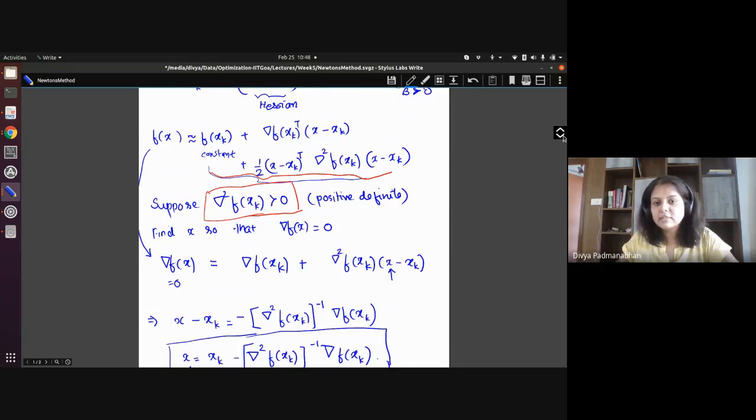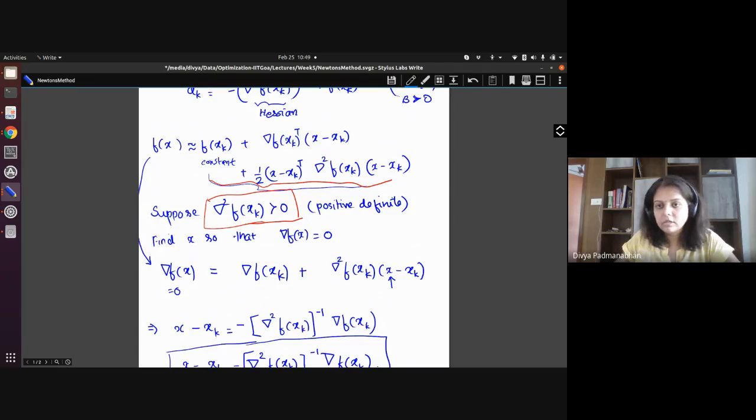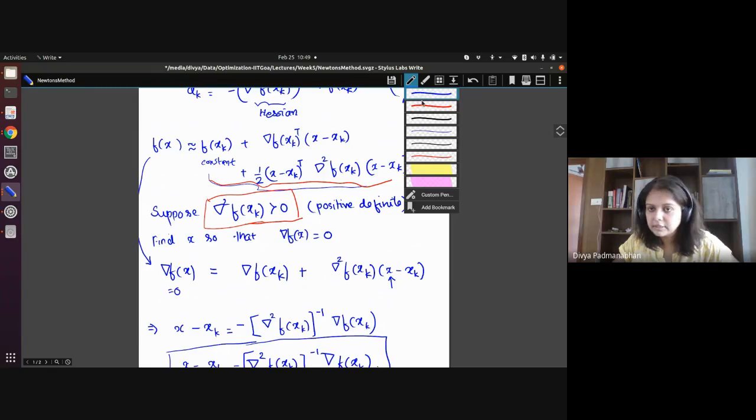Okay, so try to view this like this. This is a linear function in x. So let me spend some time here.